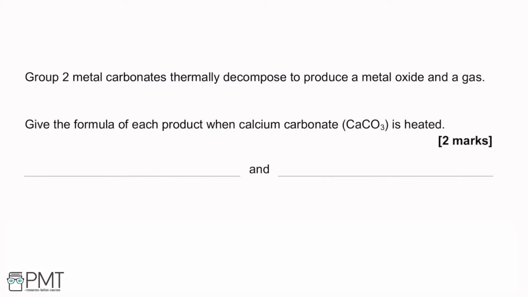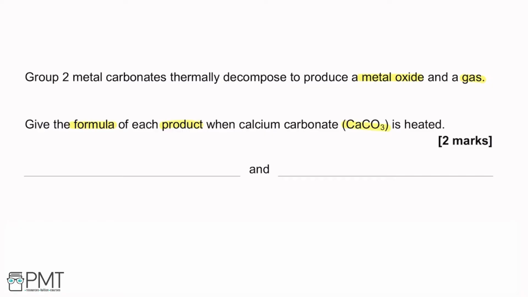Group 2 metal carbonates thermally decompose to produce a metal oxide and a gas. Give the formula of each product when calcium carbonate, which is CaCO3, is heated. So we know that when it's heated, we're going to produce a metal oxide and a gas.